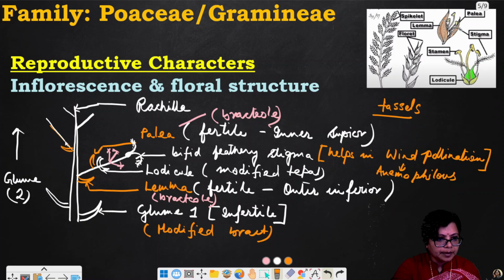There will be lemma, this is palea, then lodicule, then stamens, then superior single ovary, bifid stigma. Clear?